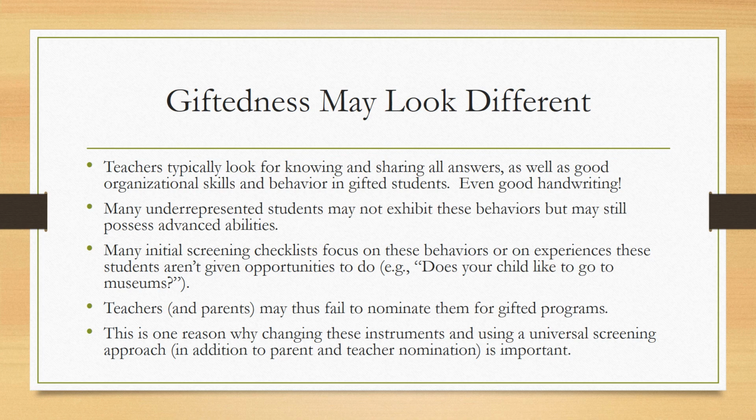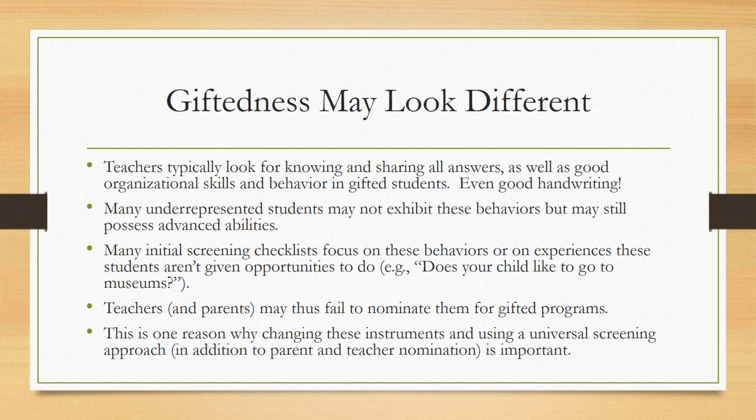Well, if you don't have the money to go to museums, you can't check yes on that. Maybe your child's never been to a museum. Because of these barriers, teachers and parents fail to nominate their own students, their own children, for gifted programs. Sometimes, and a lot of times, it's because they don't recognize what makes that child truly gifted.